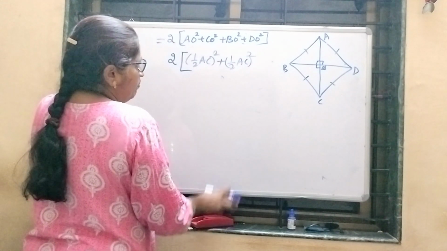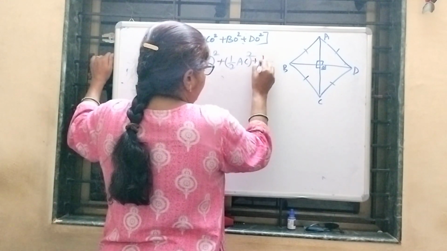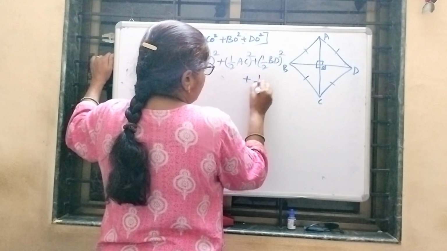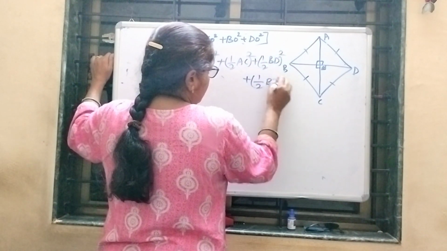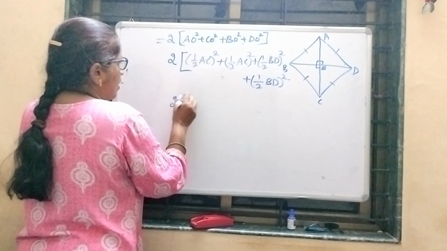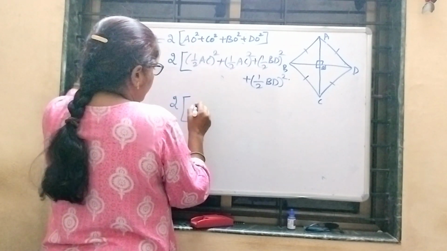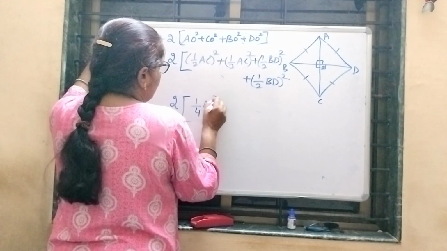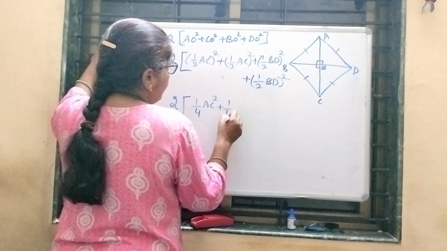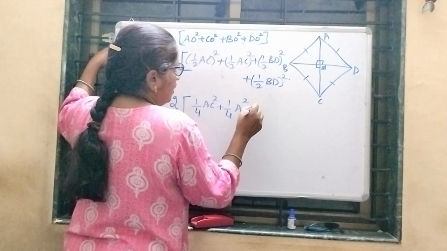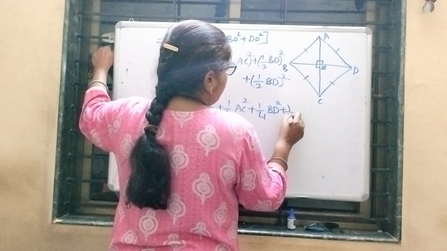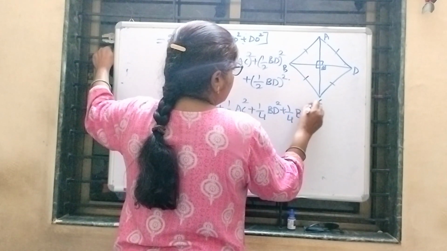Similarly, BO is half of BD square plus DO is also half of BD square. So this becomes now 1/4 AC square plus 1/4 AC square plus 1/4 BD square plus 1/4 BD square, children.